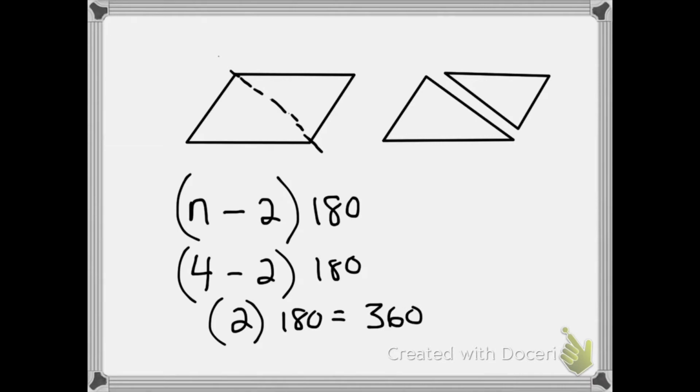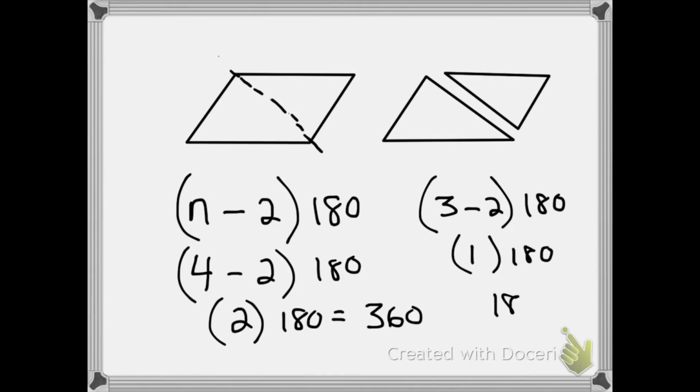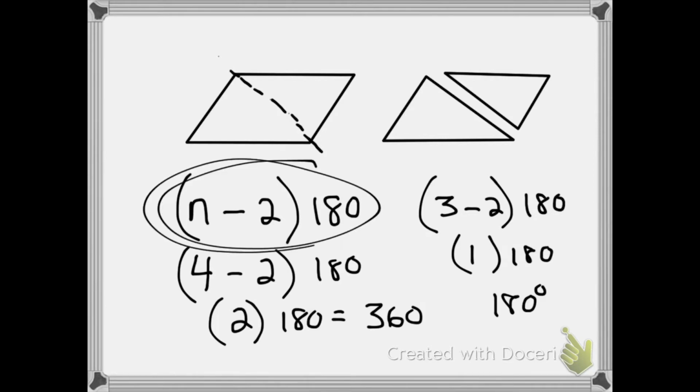And the reason that we know the triangle works is if we take a triangle which is three-sided, minus 2, and multiply that result by 180, you see that it actually equals 180 degrees. So this formula is what we're going to be talking about throughout. That's something to keep in mind, especially as you move into some of the more advanced geometry.